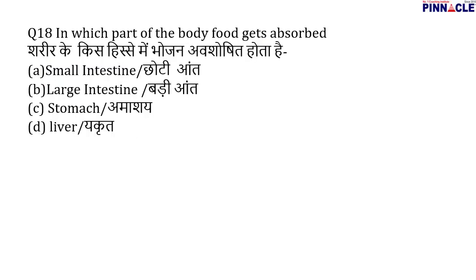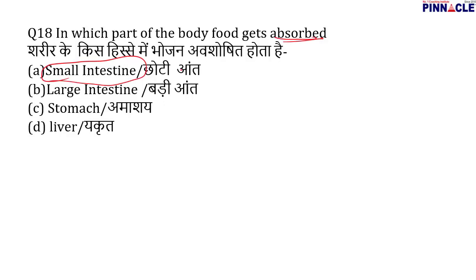Moving to question number 18, we have: in which part of the body does food get absorbed? We have to name that particular part, and the food basically gets absorbed in the small intestine. The walls of the small intestine absorb the digestive nutrients and take them into the bloodstream, and the blood then delivers them to the rest of the body.